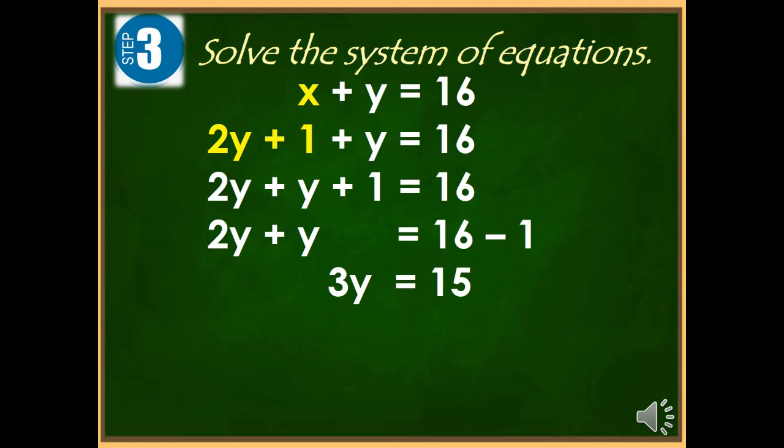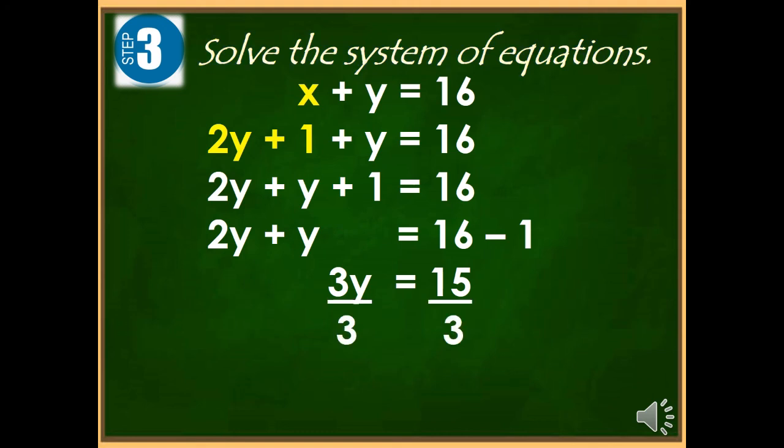Now, solve for y. When we say solve for y, we need to find the value of y. And y should be left alone to the left side of the equality sign. As we have observed, we have 3 as the numerical coefficient of our y. So to divide out 3, we need to divide both sides by 3.